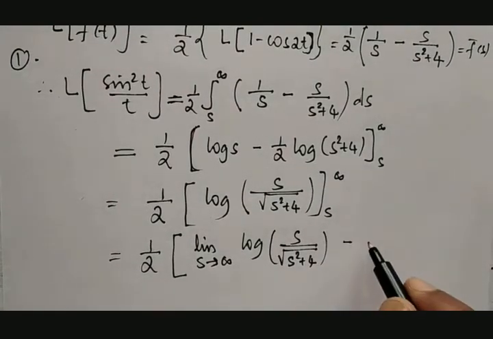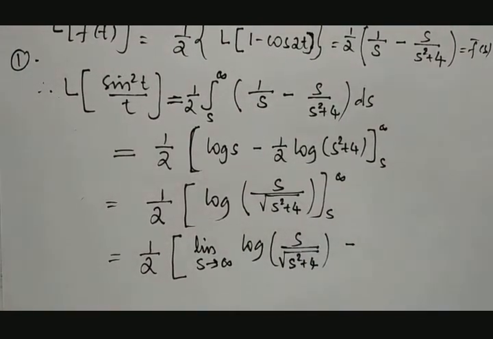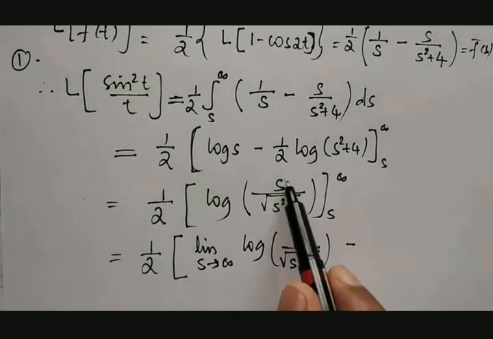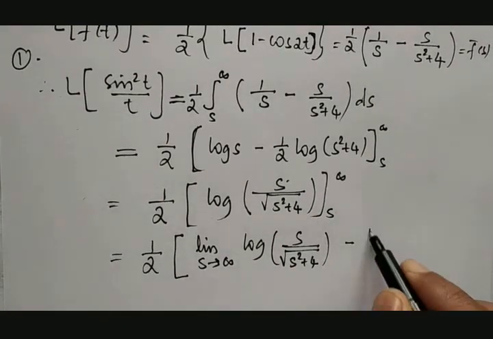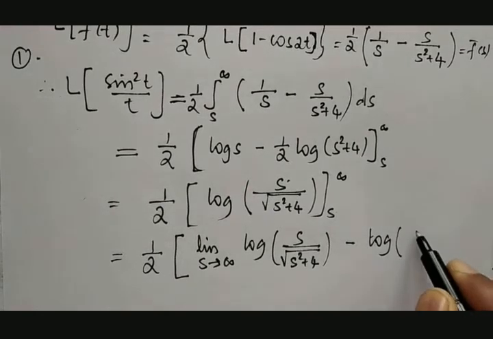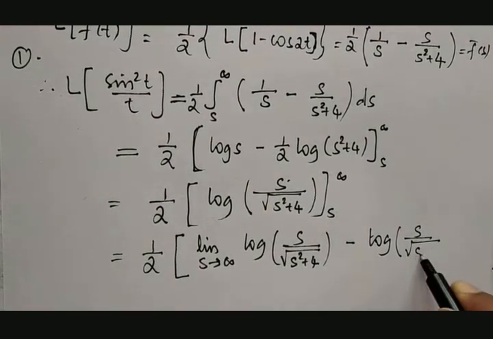Minus, is there any problem with the lower limit substitution? Not at all. Then s is going to be replaced by s only, therefore it is as it is, s divided by square root of s square plus 4.